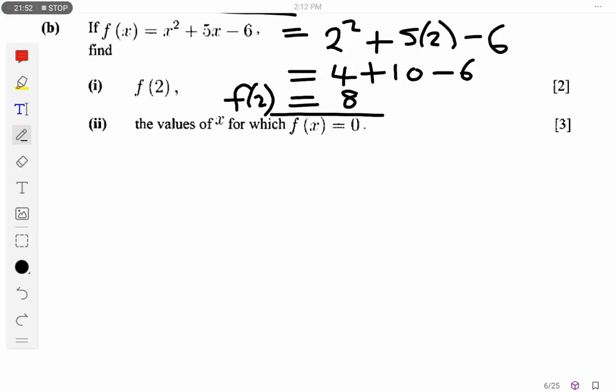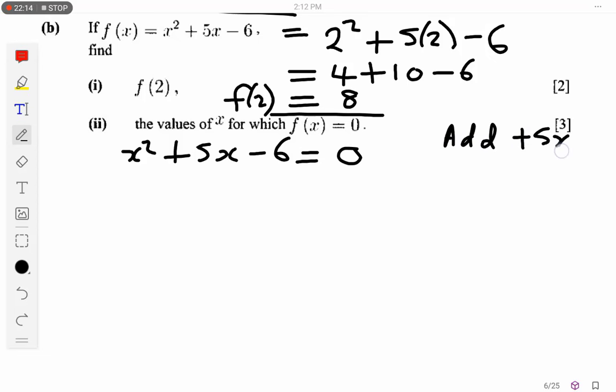Then the other part is asking for the values of x for which f of x is equal to 0. So we are just saying x squared plus 5x minus 6 is equal to 0. When I have such an equation, I would love to find two numbers that when I add, I get plus 5x, and when I multiply, I get minus 6x squared.